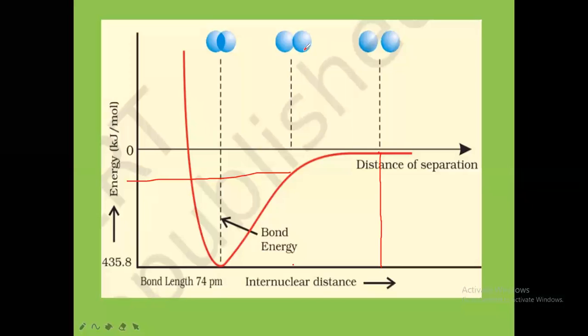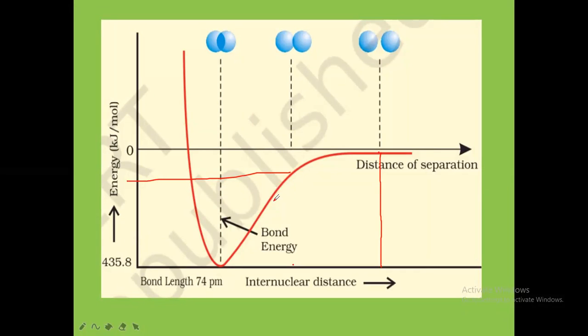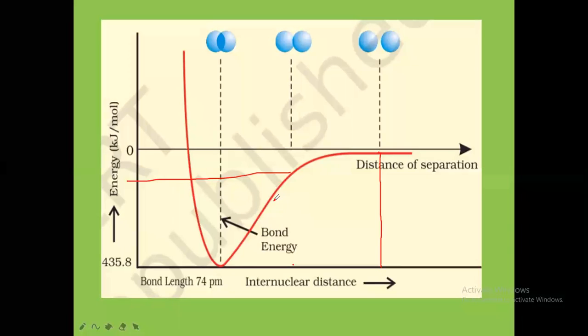When two atoms come close to each other, what happens? There will be attraction between the nucleus of this atom and the electrons of the other atom, and the nucleus of that atom and the electrons of this atom. Because of attraction, the energy will be decreased. See, the potential energy is slowly decreasing as the internuclear distance between the two atoms decreases. Then the energy will be lowered.